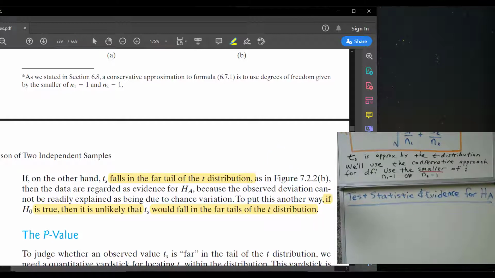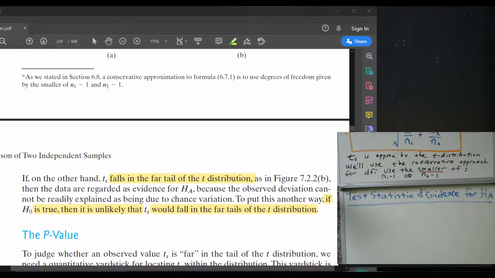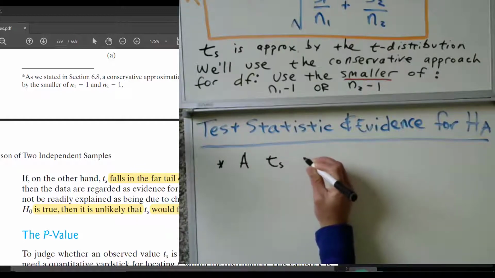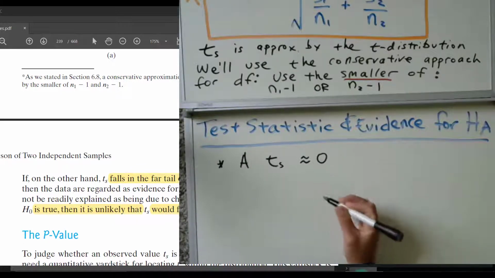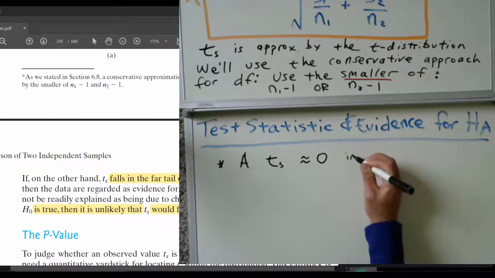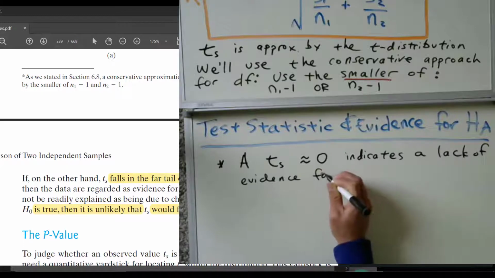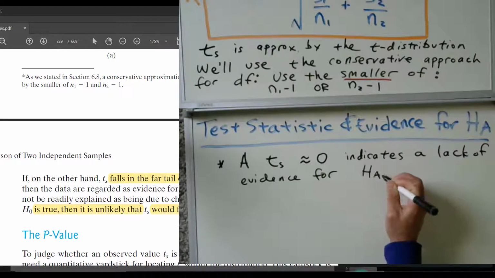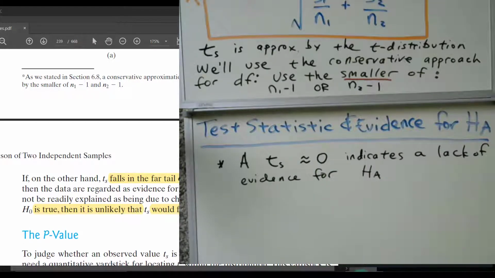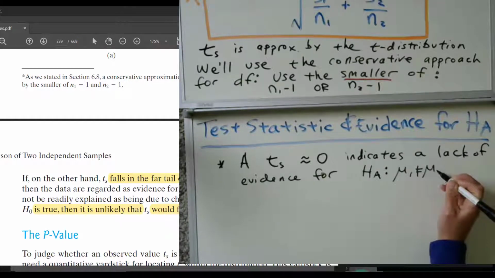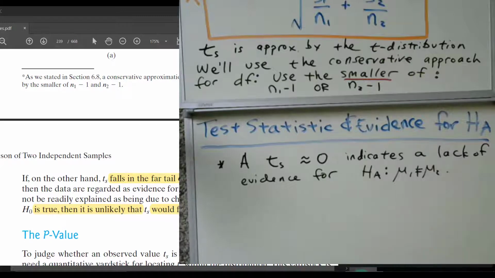Let's do a brief recap. A test statistic near 0 indicates a lack of evidence for the alternative hypothesis, because the alternative hypothesis states there's a difference, and if a test statistic was near 0, that's supporting no difference.